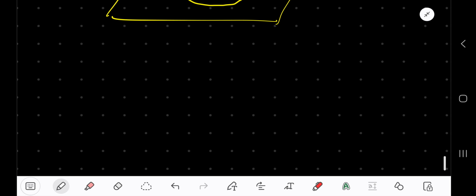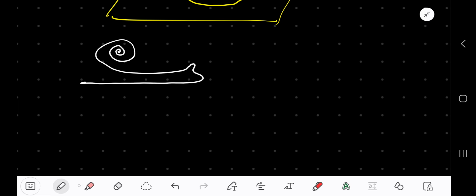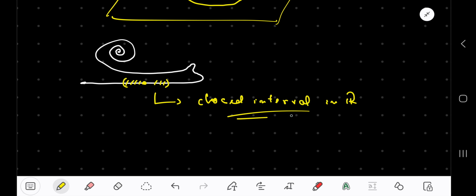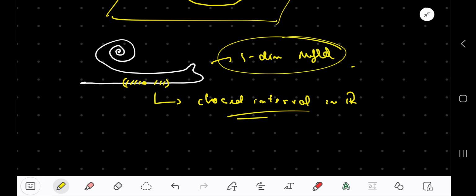So for example, if I talk about a snail, let's say, then if I choose any point and a neighborhood of that point, it will resemble the closed interval in R. So you can think of this space as a one-dimensional manifold. Clear?